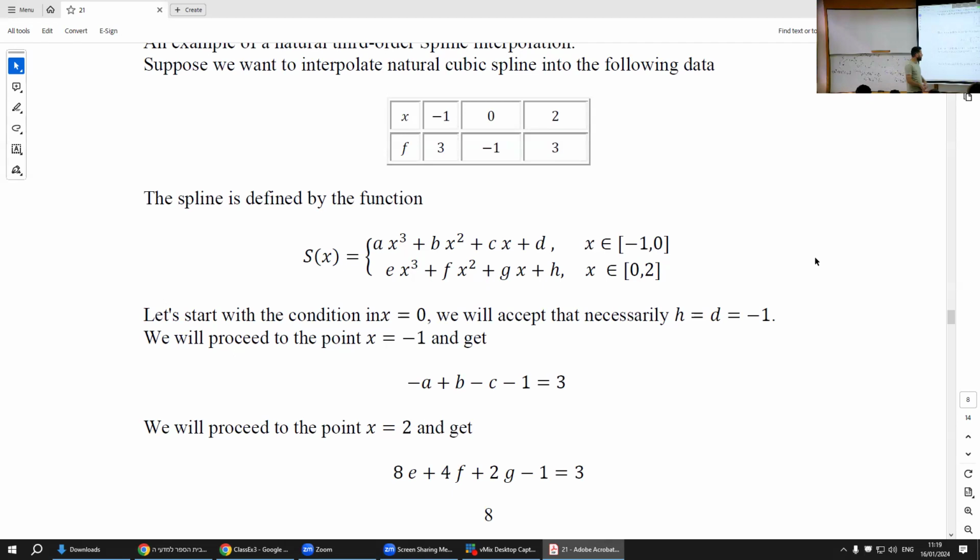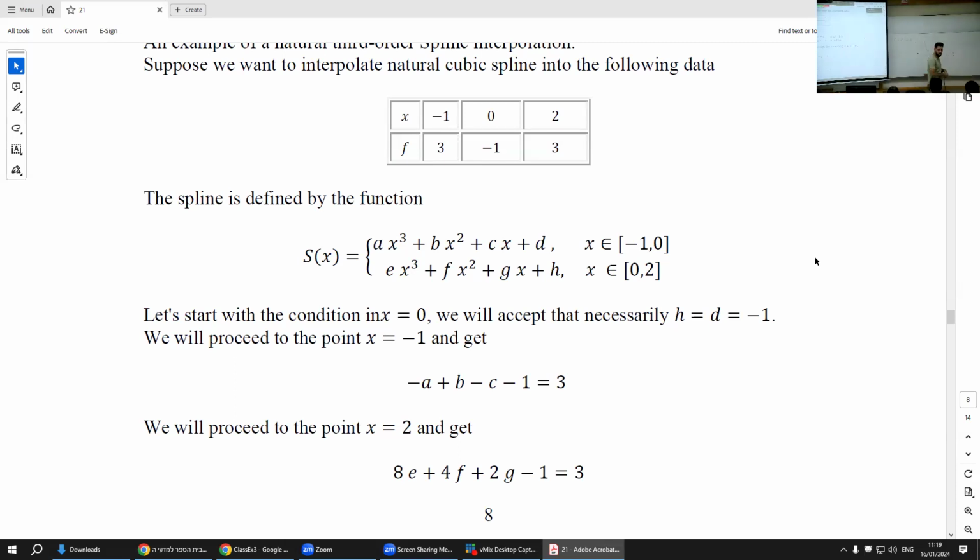If we plug in -1 in the formula, we get this, and we want it to be 3. And we plug in 2 in the other formula, and we want it to be 3. So we have H equals D equals -1. These are 2 simple equations. And we have another 2 equations, where we want the derivatives at 0 to be equal.